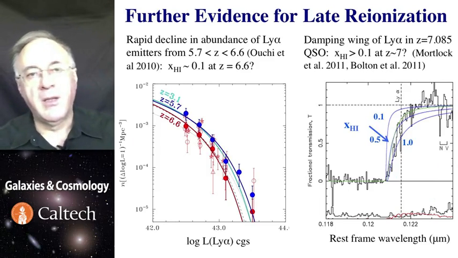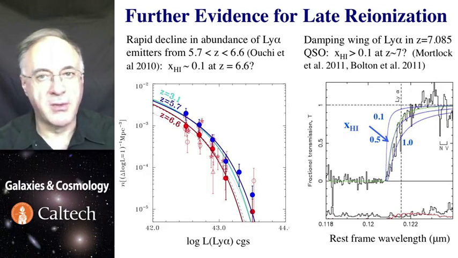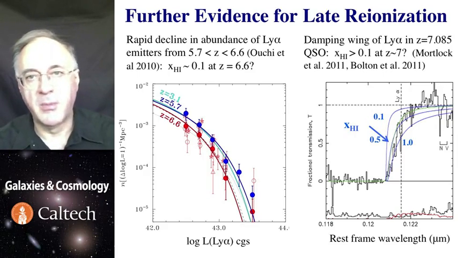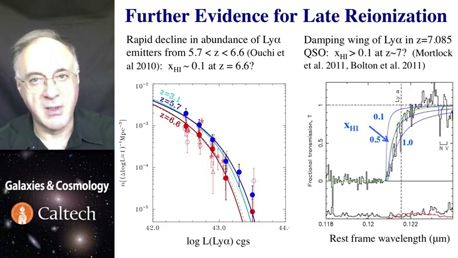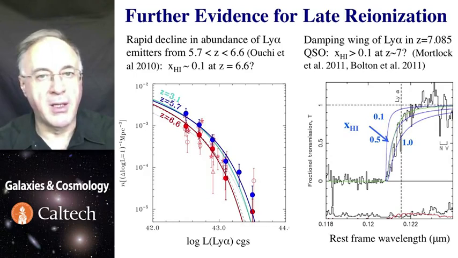And even though quasar data by themselves cannot really guarantee that there was a substantial amount of neutral hydrogen, remember only 1% or even a fraction of a percent is enough to cause the same effect, we have other ways of looking at it. One is counting how many Lyman alpha galaxies there are in any given redshift interval.